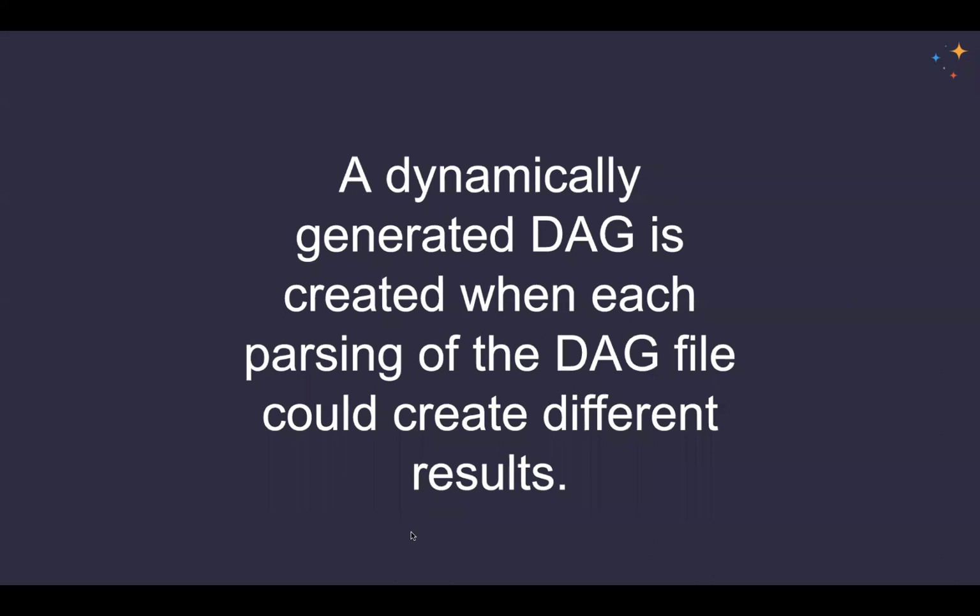To summarize, when we talk about dynamically generating DAGs, we're talking about DAGs where each parsing of that DAG file could create different results. That may be from the result of a loop or an external file read or something like that that's happening in your Python script in addition to just generating the DAG itself.